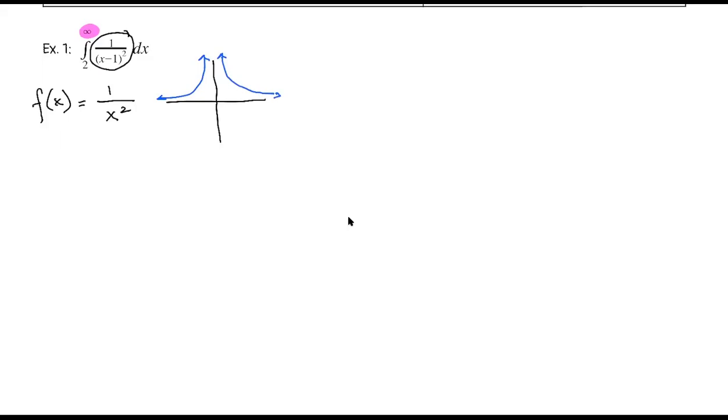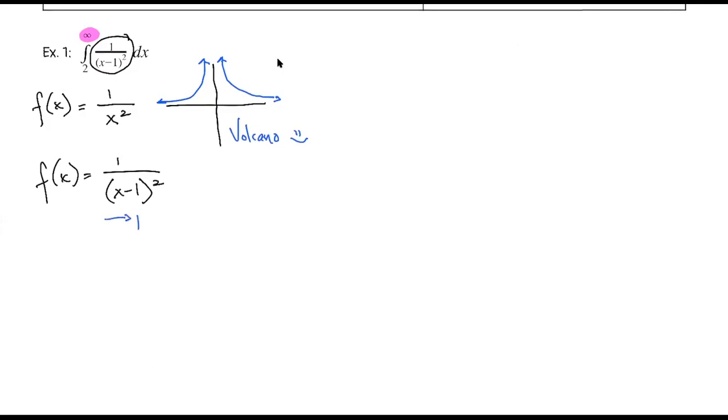That's just for 1 over x squared. When I have 1 over x minus 1 squared, what does that minus 1 do to the function? It does move it to the right one. Yes, so this minus 1 is going to move my function to the right one.